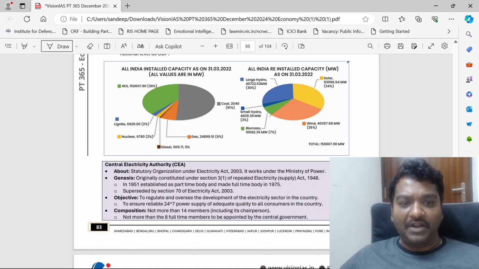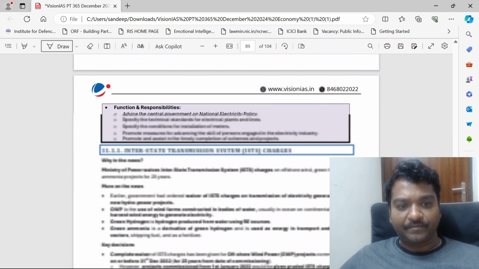Lignite, nuclear, diesel based, gas based, and coal based. Okay, these are non renewable. Okay, these are renewable. Among them, solar is more than hydro. Coal is obviously more in India. Okay, this particular diagram you just check once.